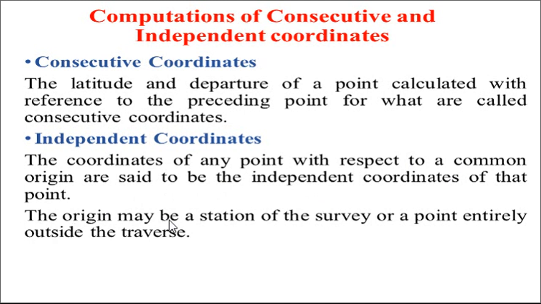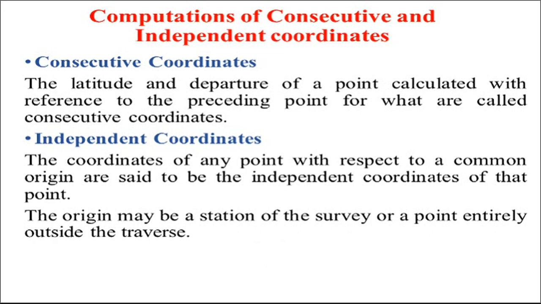The origin may be a station of the survey or any point entirely outside the traverse. In case of independent coordinates, the origin may be 0, 0 or it may be a station of the survey or any point entirely outside the traverse. So by choosing the coordinates we can find the independent coordinates for the other points.